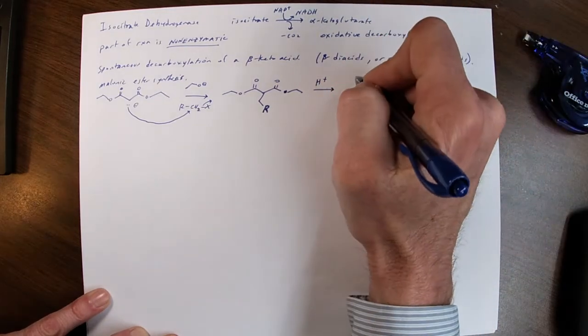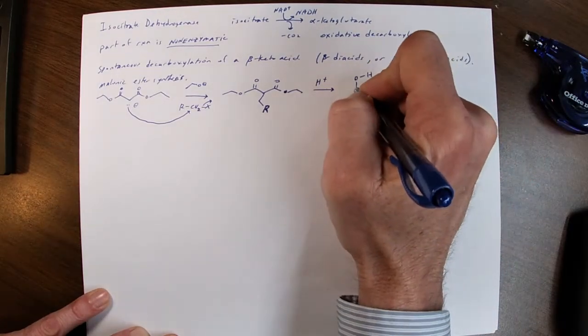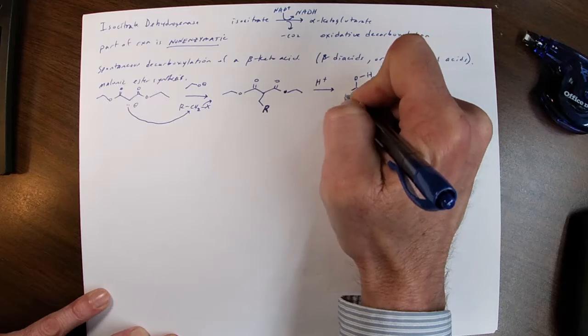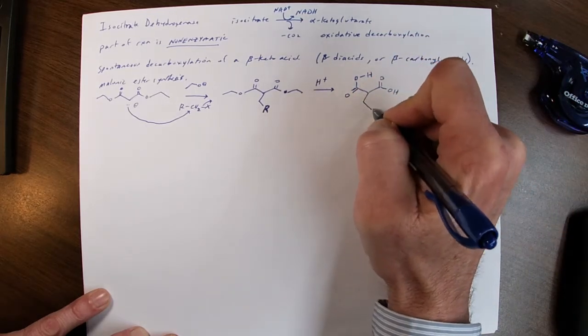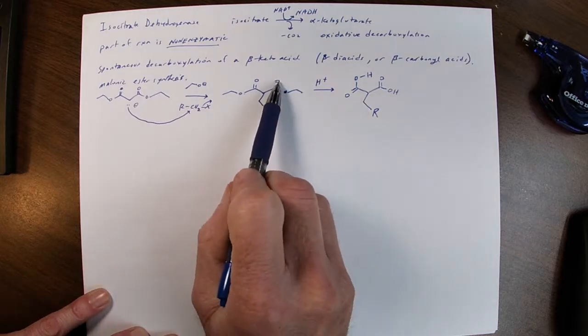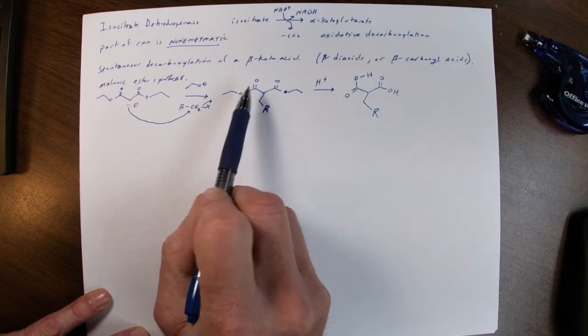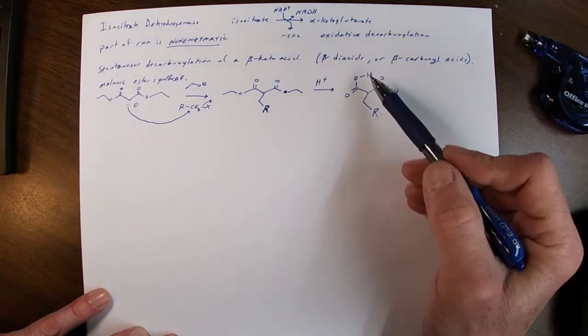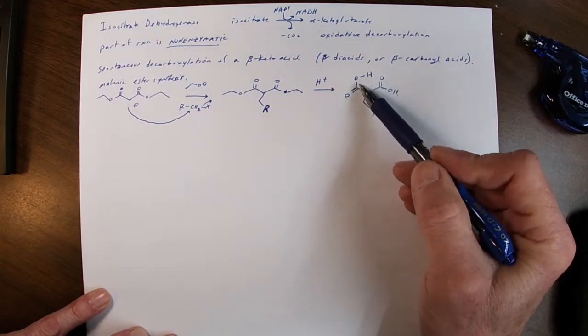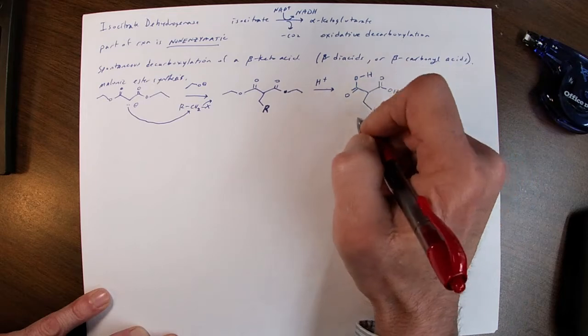I want to put my OH on this side. There we go. Okay, if I didn't confuse you, I hydrolyzed this ester to that acid. I hydrolyzed this ester to that acid, and I'm showing this proton specifically on that carboxylic acid because I'm going to do something with that proton. So this gives me a beta diacid.